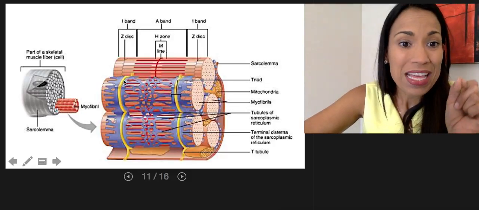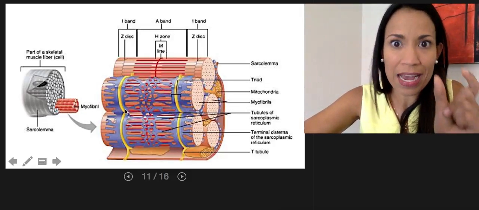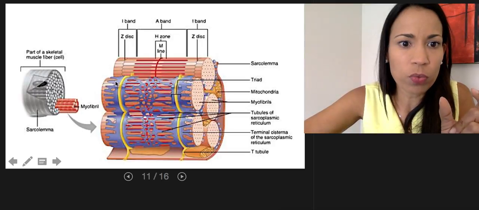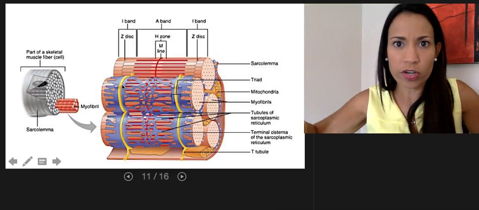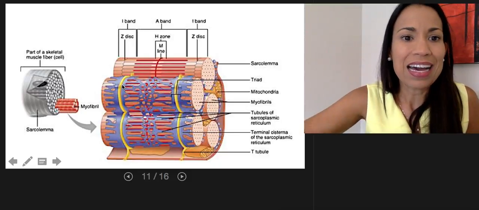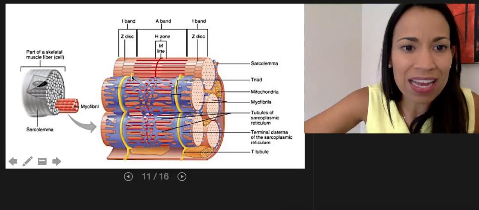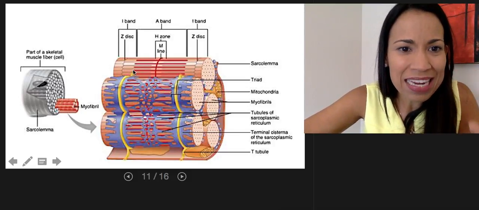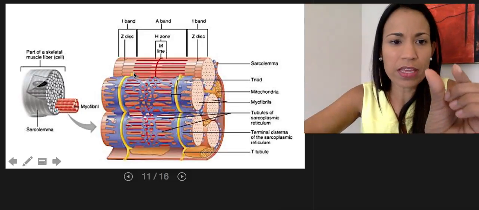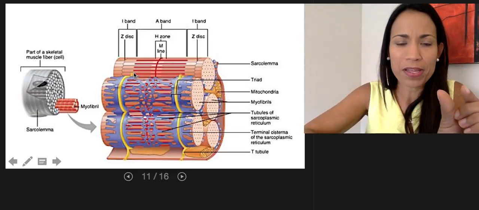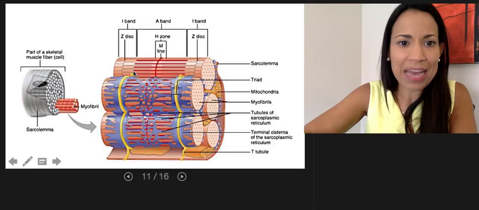forming the sarcomere. Now, the place where the triad, that structure that we described before, consisting of a T-tubule and a terminal cisterna on either side, is placed right on top of the zone of overlap, in between the A and the I band, right here. Why?